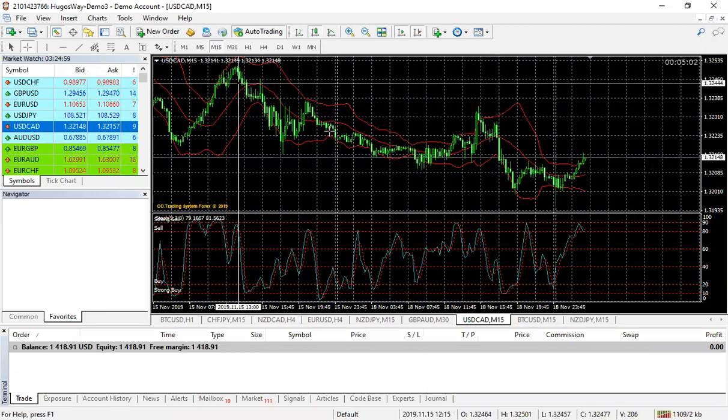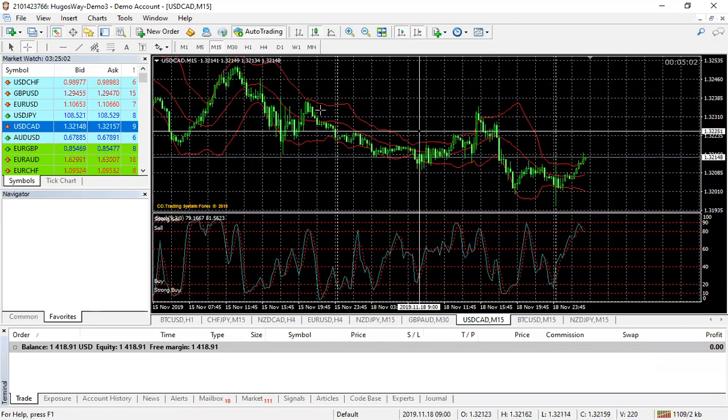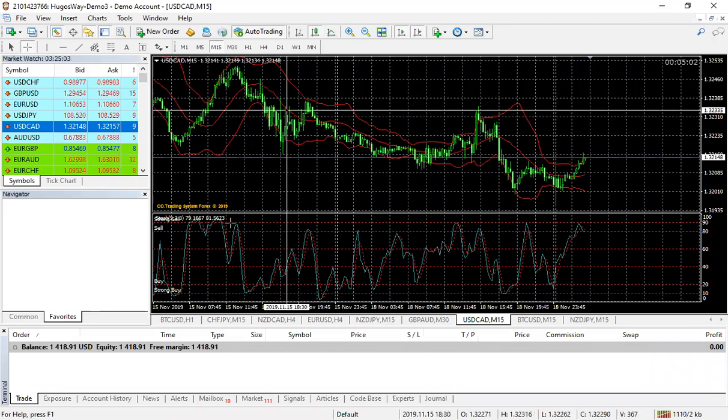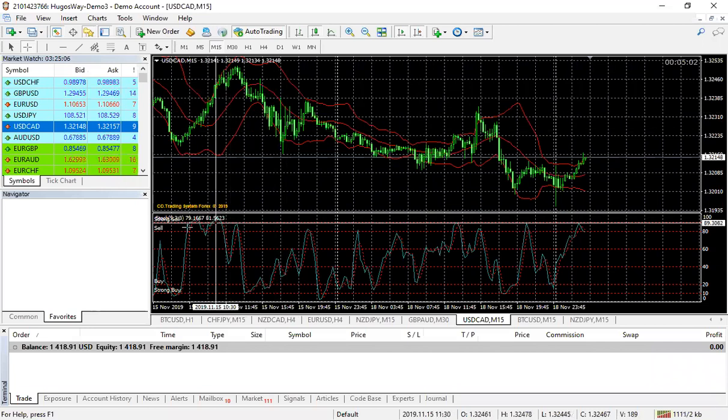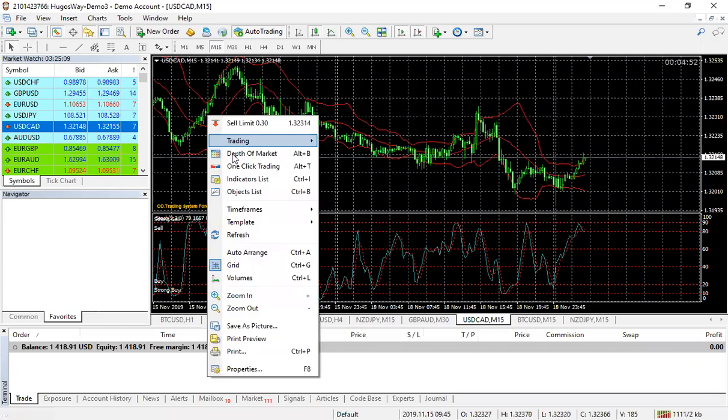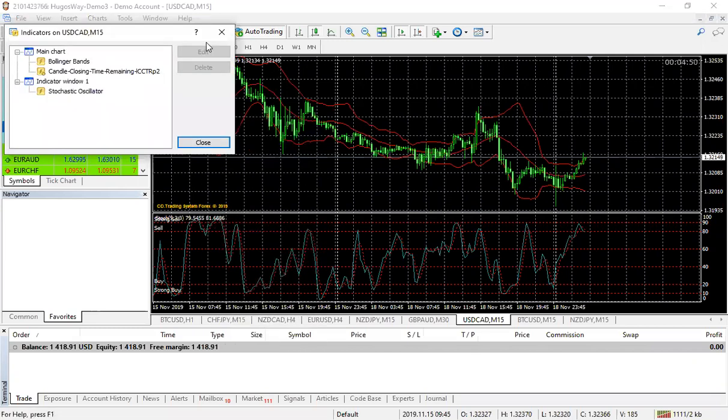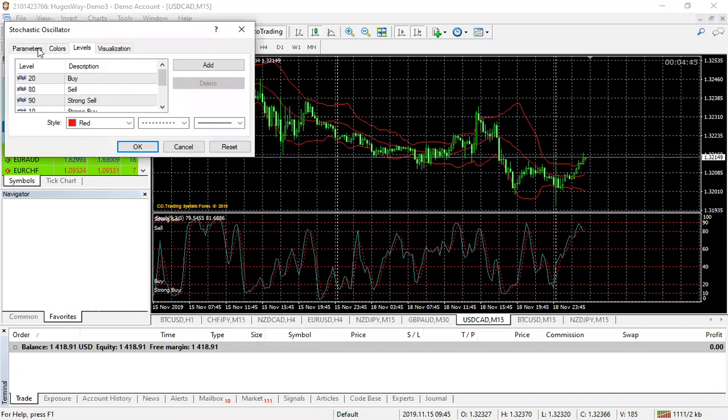Do you guys have any questions on the Bollinger Band, the settings, the stochastics oscillator? Oh, I didn't give you guys those settings. Let me pull that up quick. I want to say this is a standard deviation as well. This is going to be, let's see here, parameters.